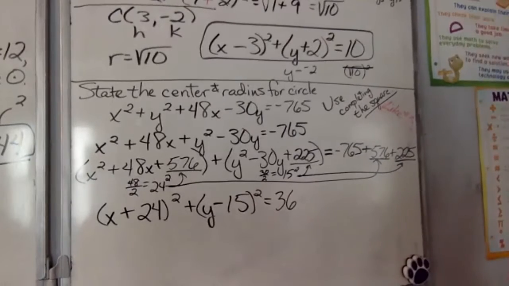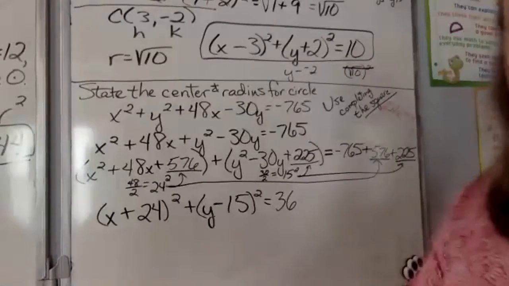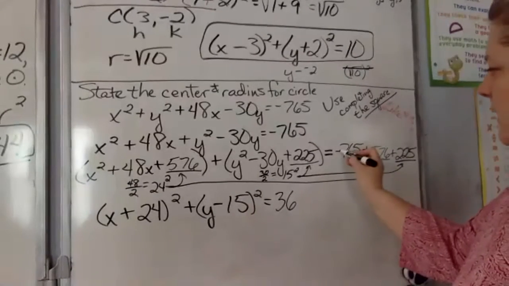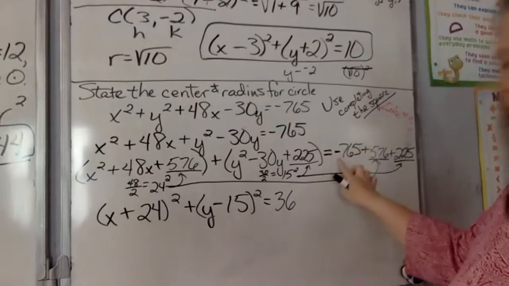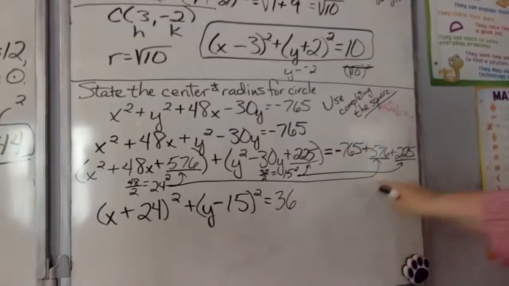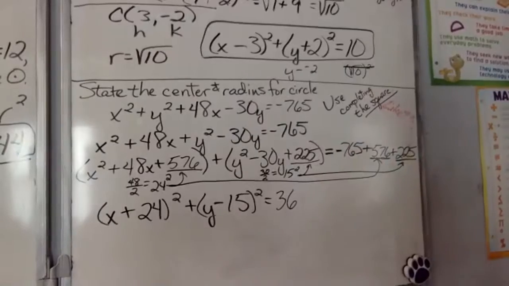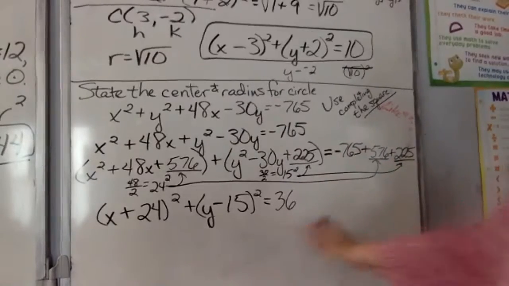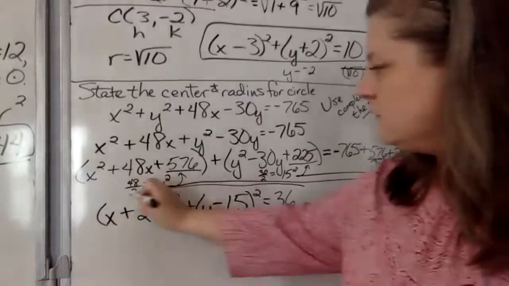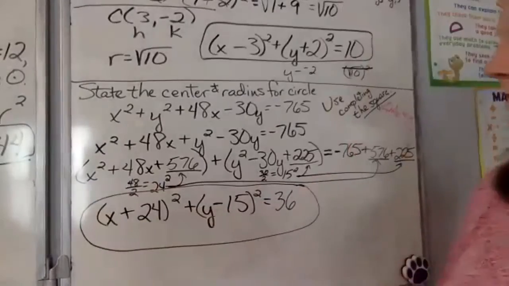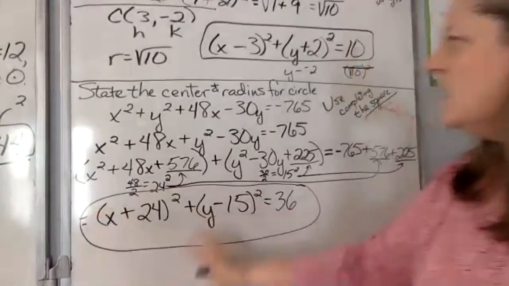Whoa. I warned you, you got to pay attention that this first number was a negative. Negative 765 plus 576 plus 225. So I end up with 36. So this is my equation. That's the answer.